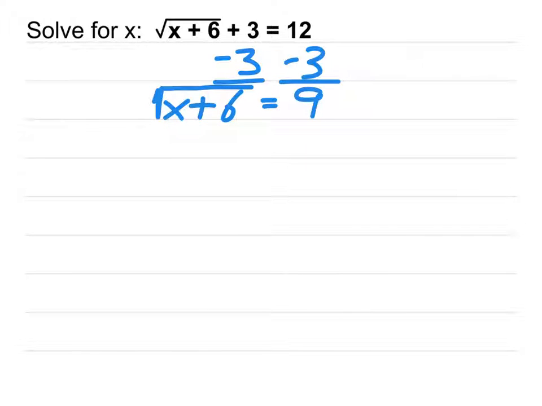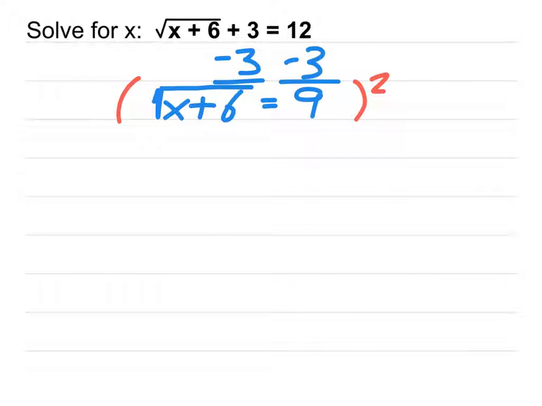In order to get rid of the square root, we are now going to square both sides. Now, to square both sides, there's not a nice, pretty way to show that. I'm not really going to write to the power of 2 under both. And so I'm actually just going to put parentheses around this and show that I'm squaring it.